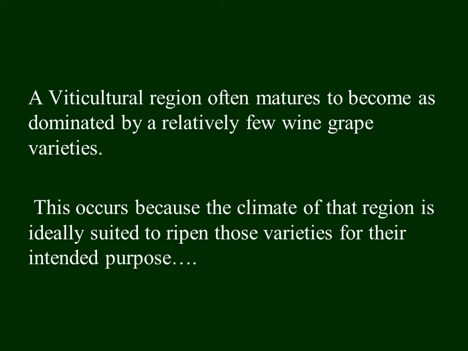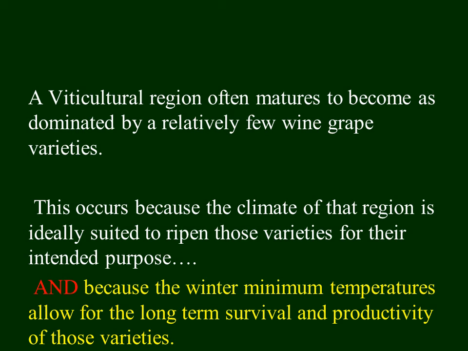This occurs because the climate of that region is ideally suited to ripen those grape varieties for their intended purpose. In the case of the Champagne region, it may be to make champagne. And because the winter minimum temperatures allow for the long-term survival and productivity of those varieties.